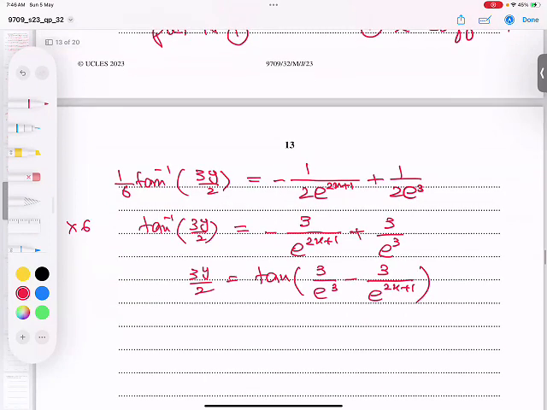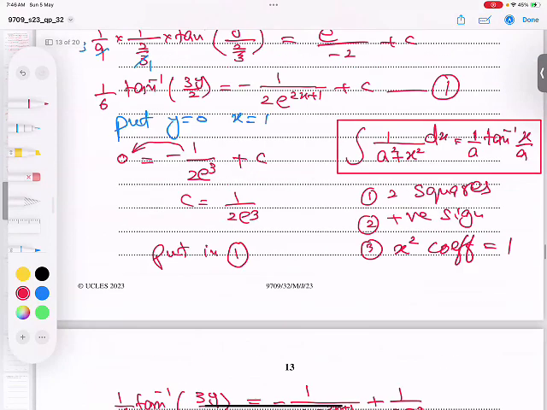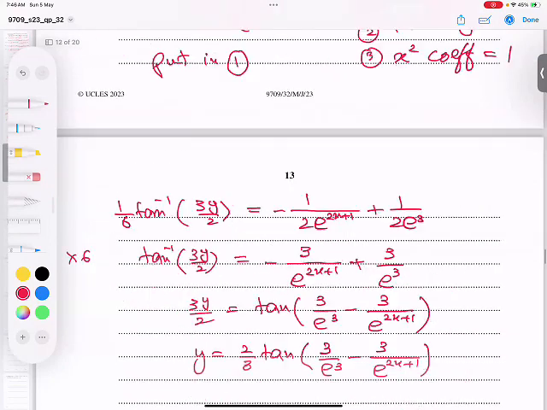Now this 2 will multiply, 3 will divide. So y equals 2 by 3 tan of 3 over e cubed minus 3 over e to the power 2x plus 1. No, this is our answer.